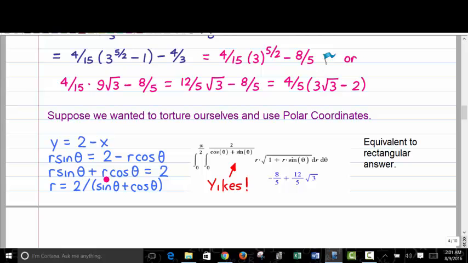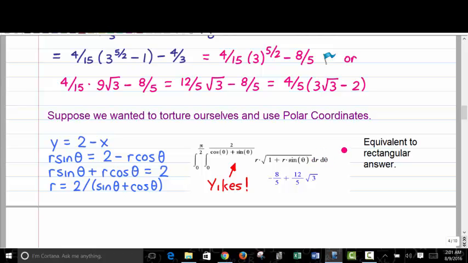So I got the r's over there and factored out the r. Then the 2 minus x would be equivalent to saying 2 divided by cosine plus sine. And then our radical was the square root of 1 plus y, so I replaced y with r sine theta d theta, and that r in front is the r that goes with dr d theta.